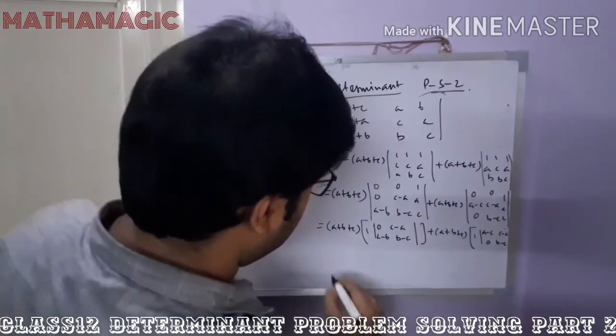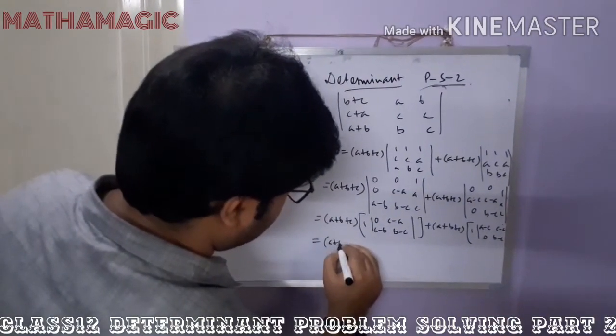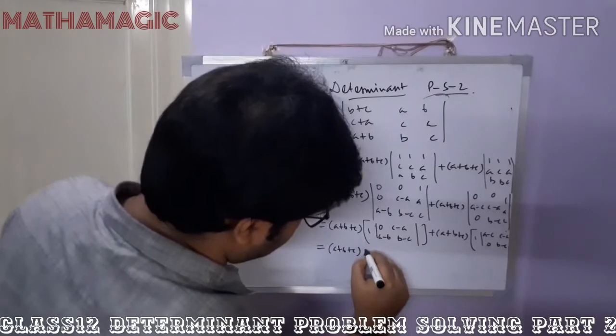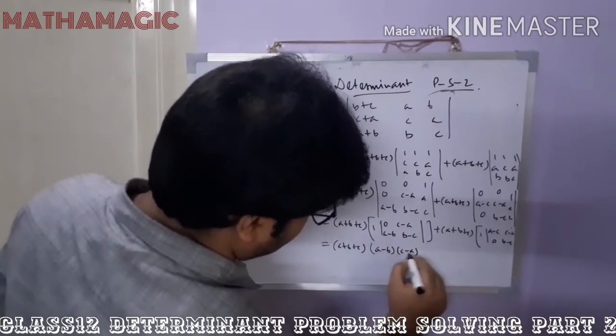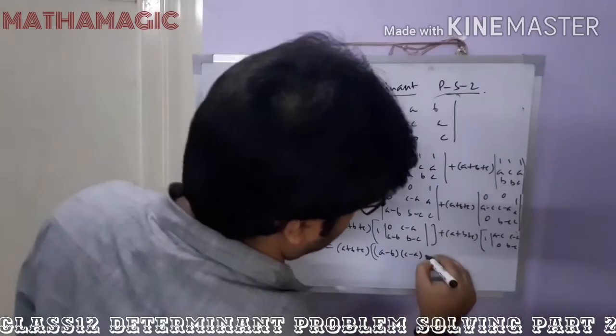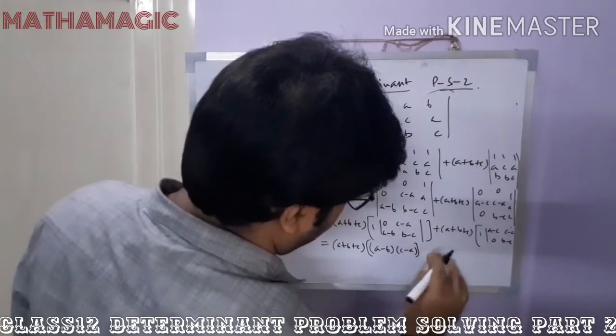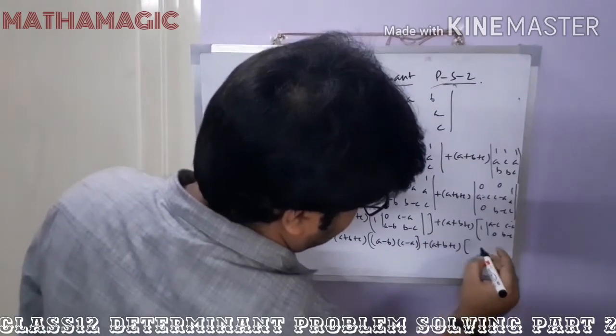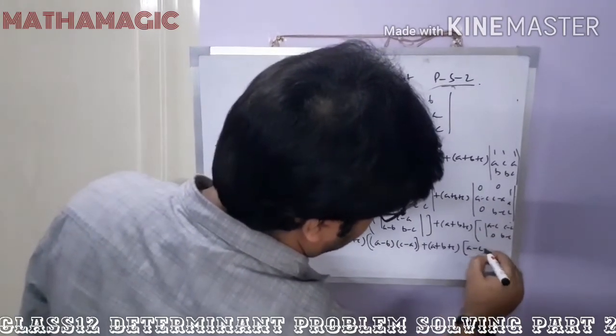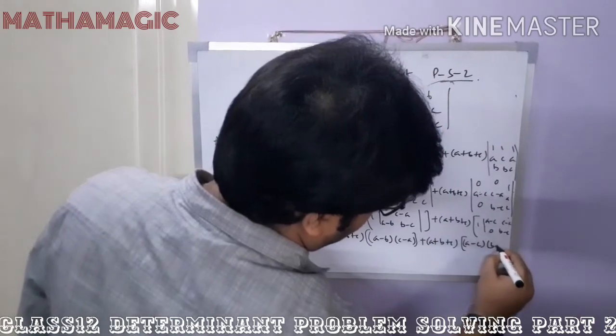So this is how it goes on. So a plus b plus c, just do the calculations, it will get a minus b into c minus a, right? Plus, this is one part, and another one is a plus b plus c, it will be a minus c into b minus c.